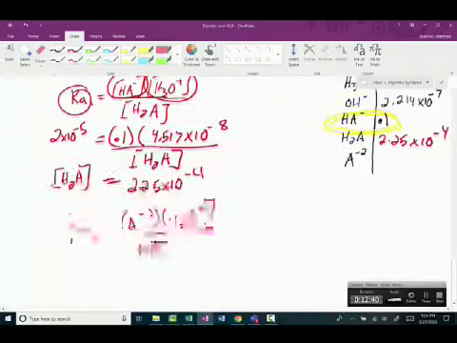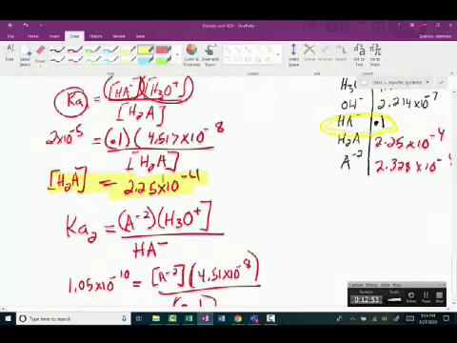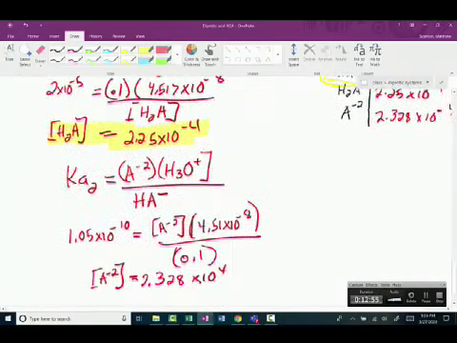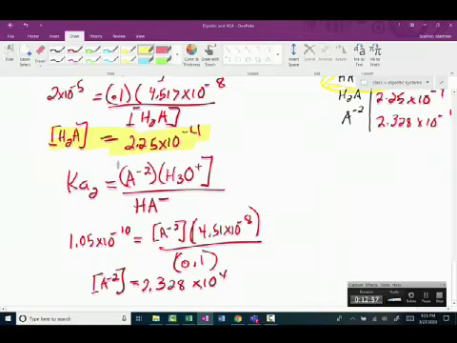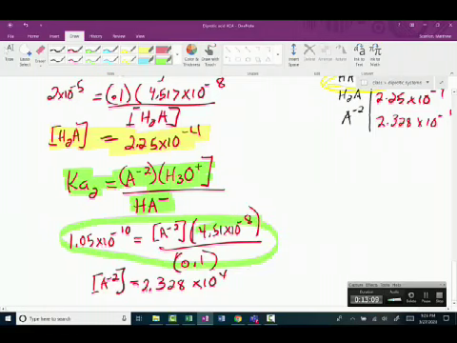I can get from Ka2 right here A minus 2 times the concentration of H3O plus gives us HA minus, plug my values in, and I get A minus 2 equal to 2.32 times 10 to the minus 4th.